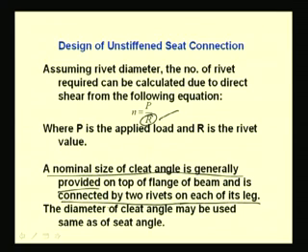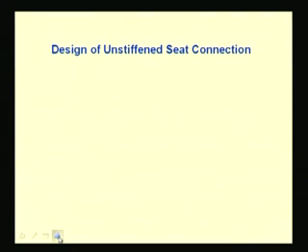So we use 2 rivets on each leg to connect the cleat angle with the column and beam, and the dimension of the cleat angle may be used same as that of the sheet angle. So whatever dimension we have used for the sheet angle, the same can be used for the cleat angle also.